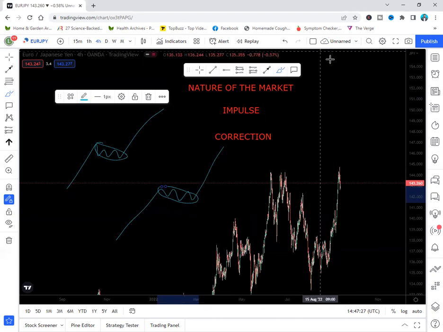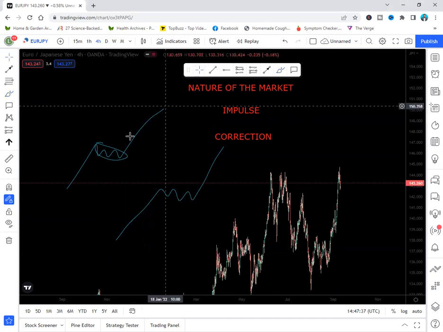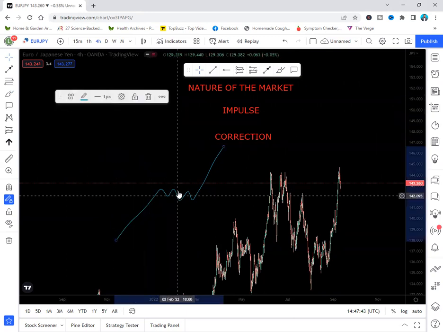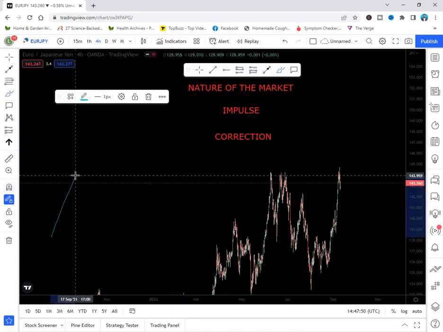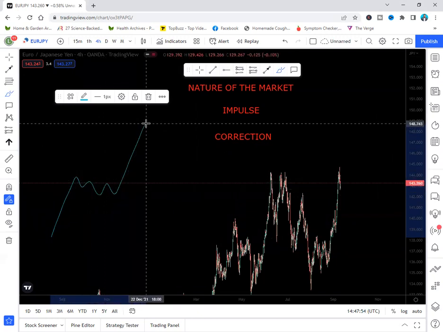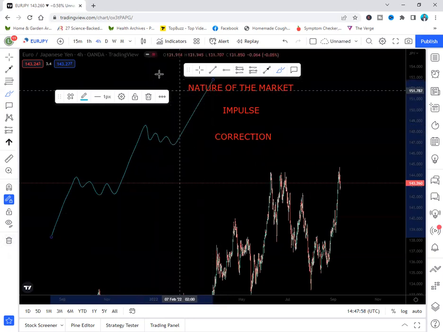Let me bring this back. It is as a result of these impulses and corrections that we are able to get what we call trend lines. For you to understand what a trend line is, let me just show you. The market is making an impulse to the upside, gives a correction, makes another impulse, gives a correction, makes another impulse.